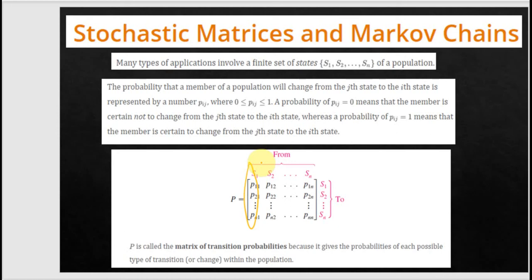Since each entry is said to be a probability, probabilities exist between 0 and 1. So each entry in the matrix has to be an entry between 0 and 1. What makes this matrix, the so-called transition matrix, a Markov chain?